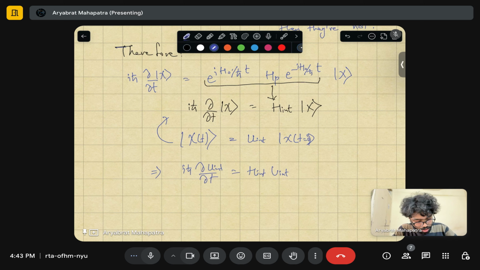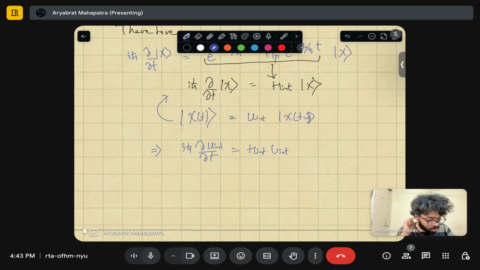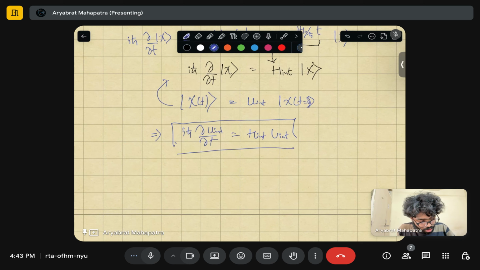So the solution to this will basically give you chi. Its solutions are given by something called the Dyson series.